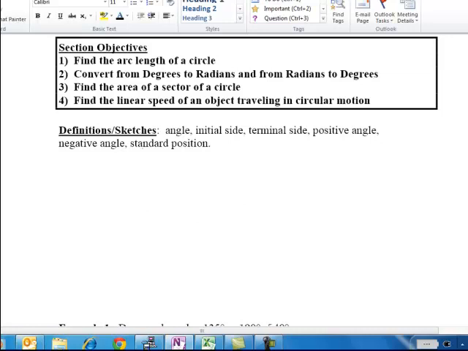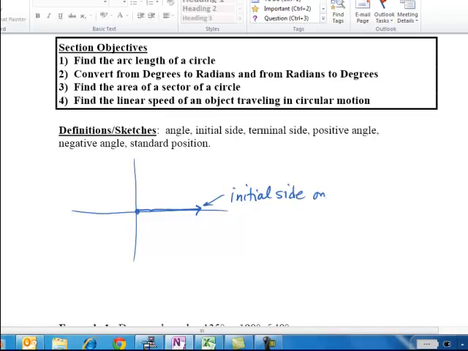I'm going to sketch an angle in what's called standard position, and if we imagine a set of XY axes, putting the vertex of the angle at the origin and putting what's called the initial side on the positive x-axis.